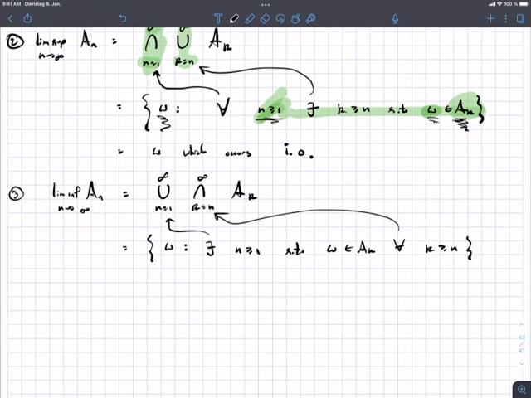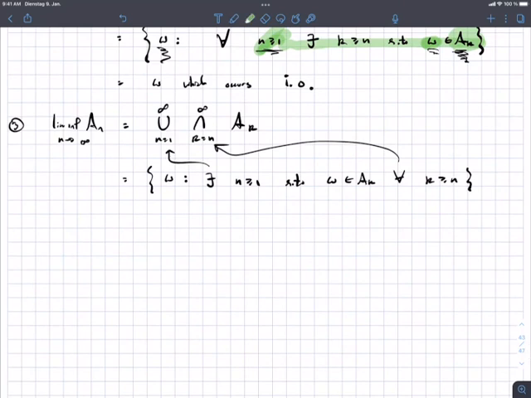So how do we interpret this? There exists some n such that afterwards omega is in every single one. Maybe we just put it in simple language, it's hard to paraphrase.